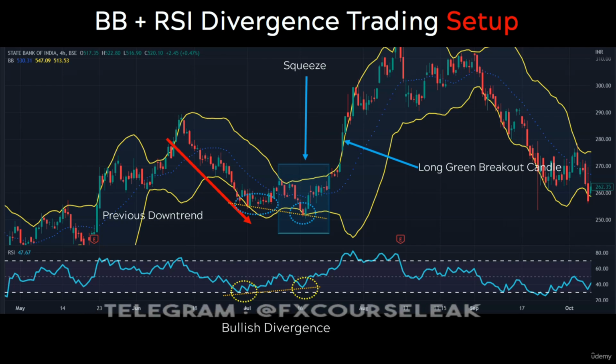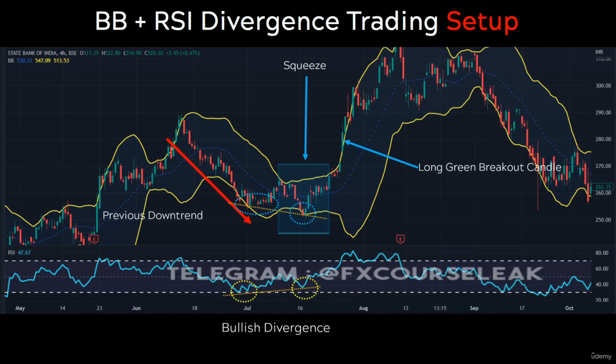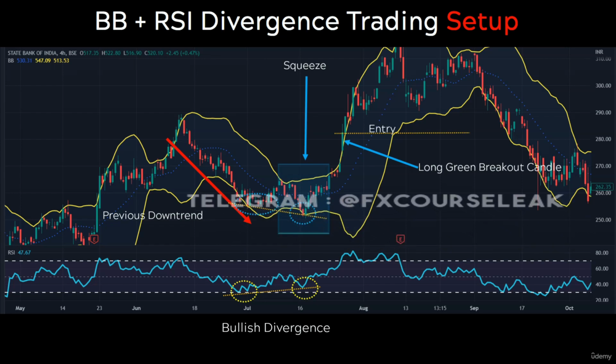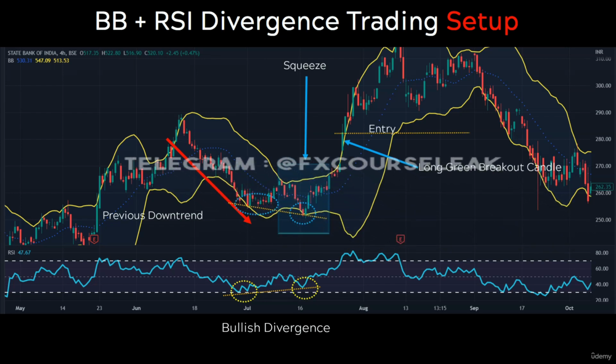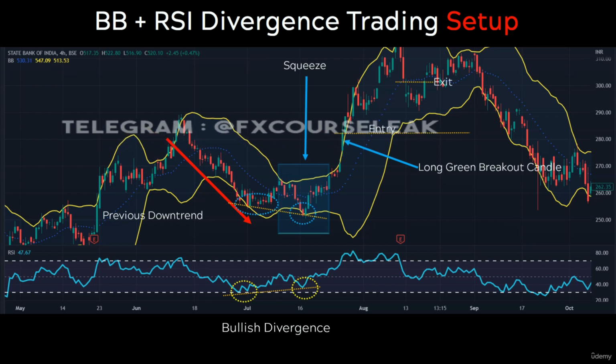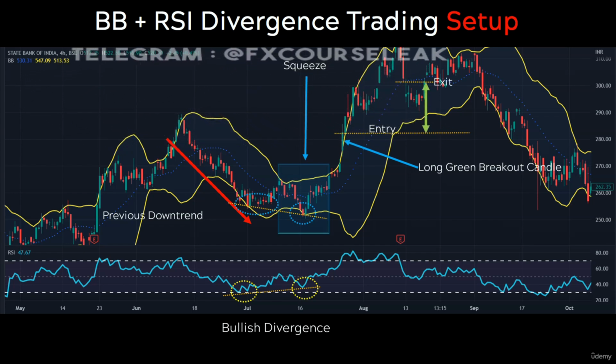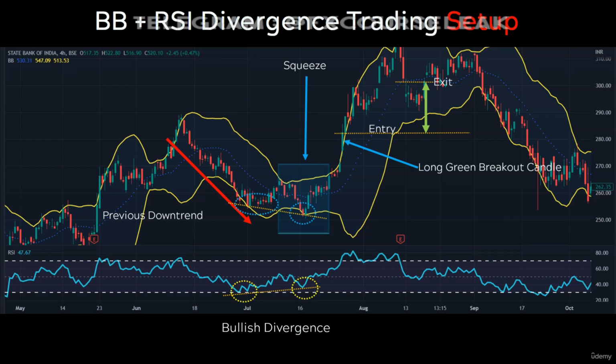So we will just wait for a breakout above the upper band. And this long green candle gives that confirmation. And we will take our entry here with exit at this level where the price hit this mid-moving average line. So you can see it was a good profitable trade.